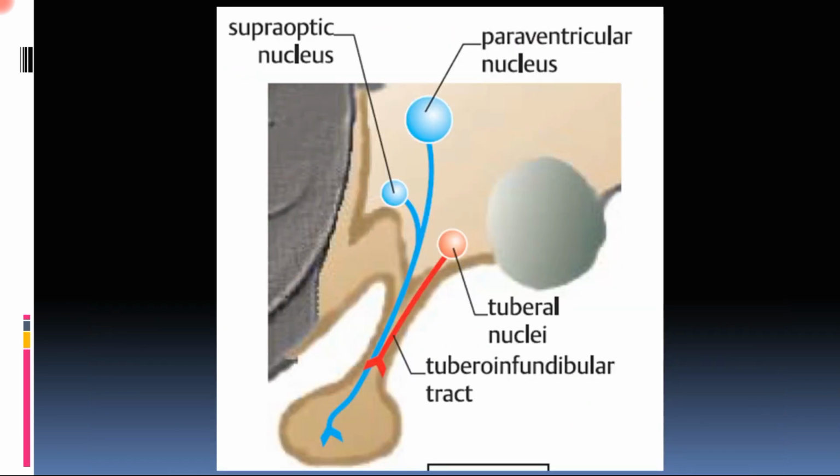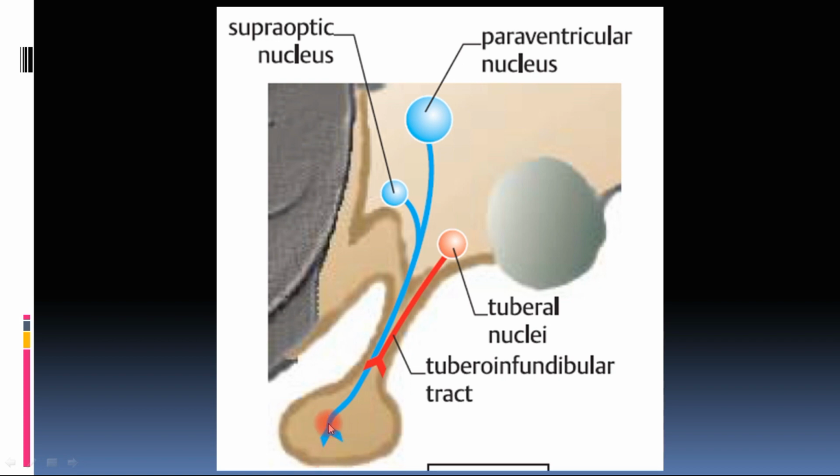As you can see in this diagram, the one which is coming from the supraoptic and paraventricular nuclei and going to the posterior pituitary, where it secretes its neurohormones in the capillary bed of the posterior pituitary.